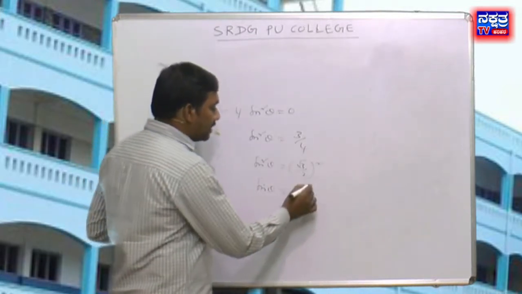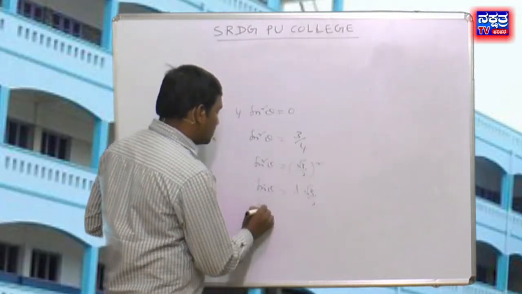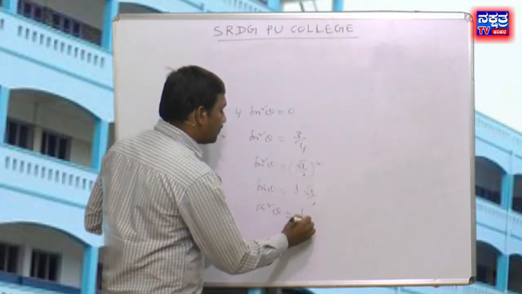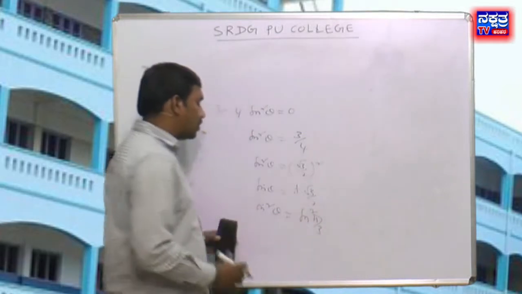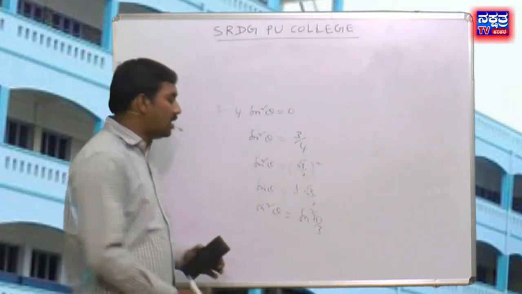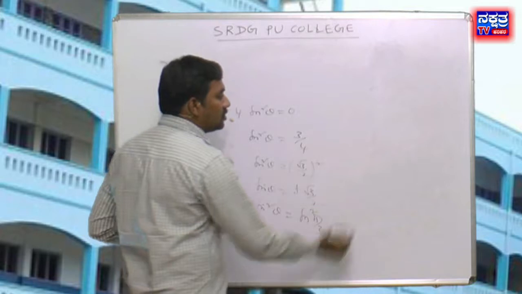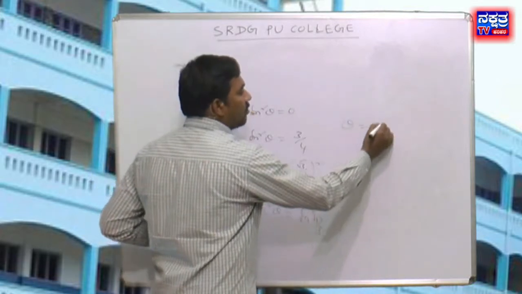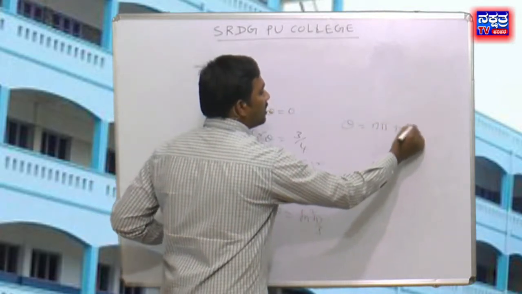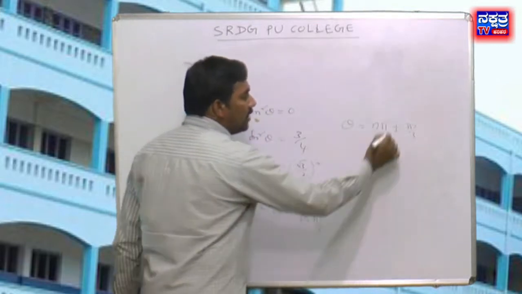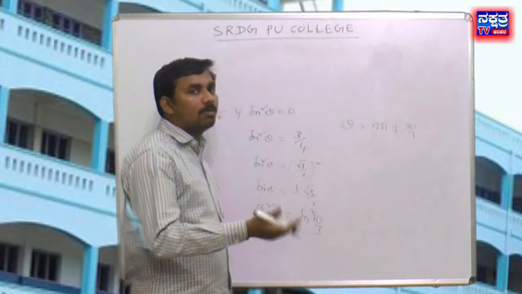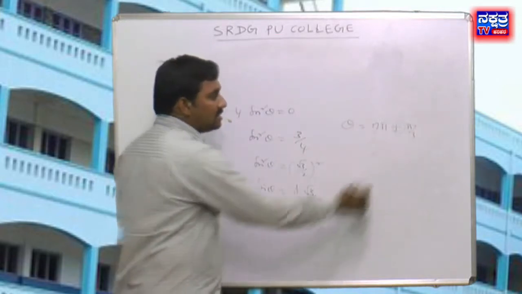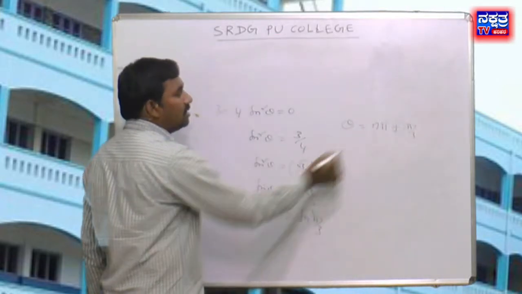Here you can write it as sin square theta equal to sin square pi by 3. The general solution of this one is theta equal to n pi plus or minus pi by 3. That only we will write as n pi plus or minus pi by 3. Yes, this is one more trigonometric equation and solution.